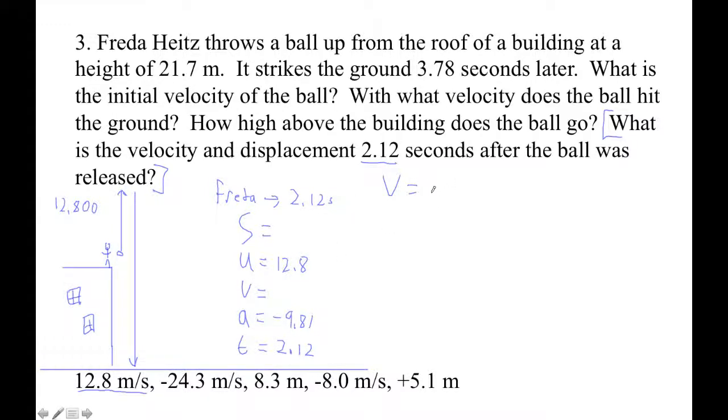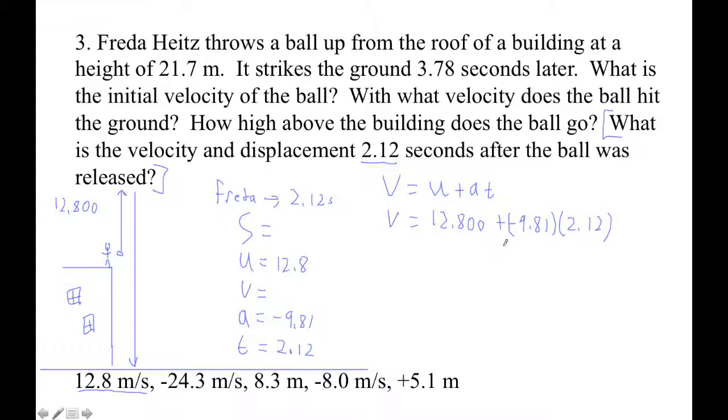Velocity is u plus at. So velocity equals 12.8, and then it's actually 12.800, plus negative 9.81 times 2.12. Now, presumably if we put in 3.78 we get this, but we're putting in that. So let's try this. Okay, plus negative 9.81 times 2.12.